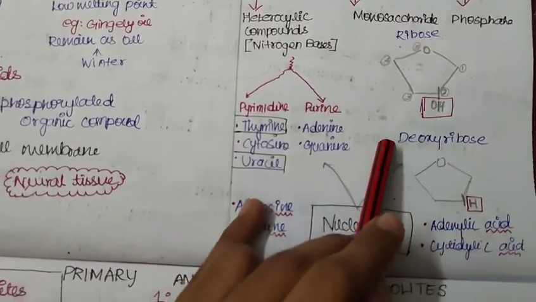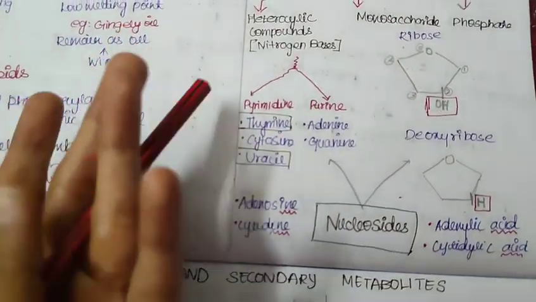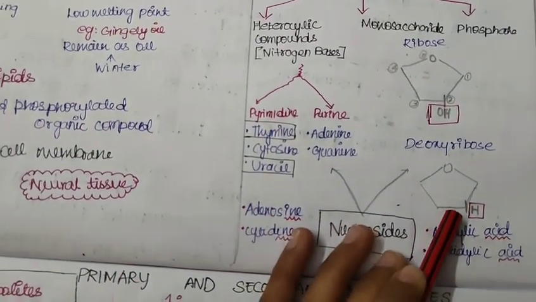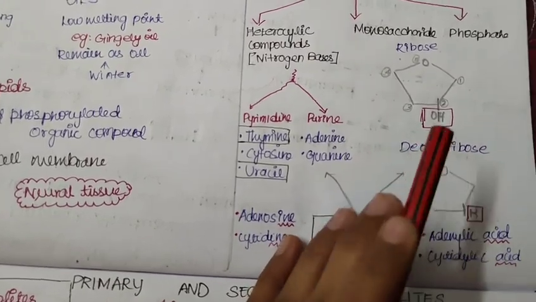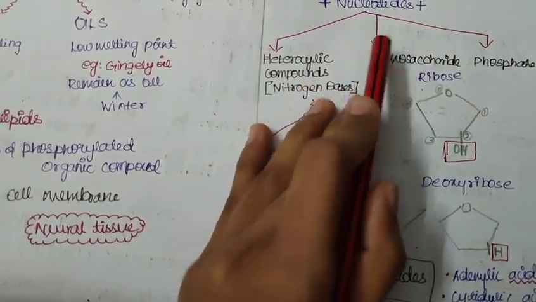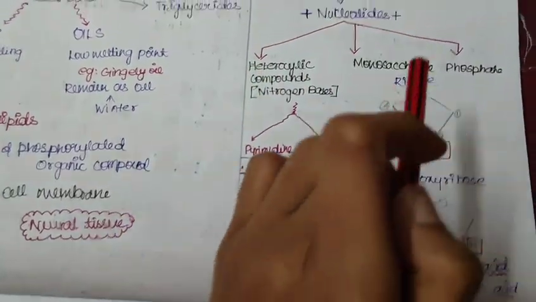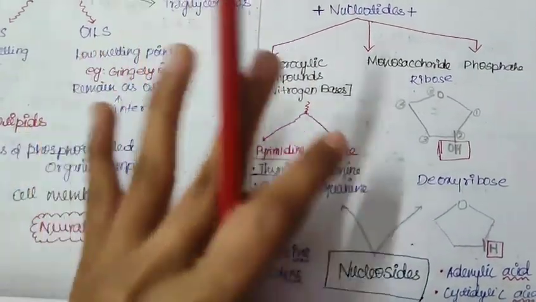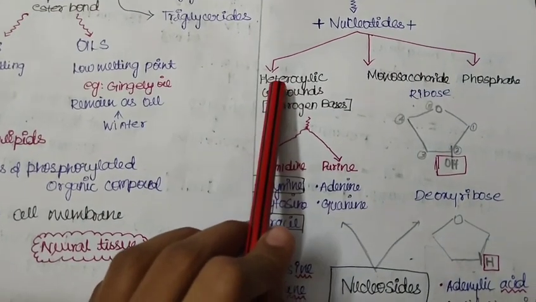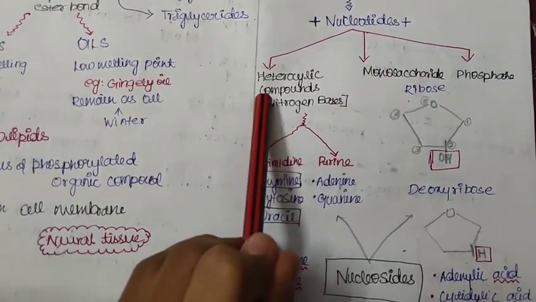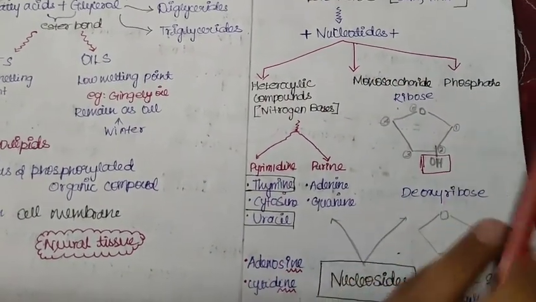Now you are getting the name, right? Deoxy means there is no oxygen. So in the structure, in the second position, O will be removed in case of deoxyribose. So the monosaccharide will be ribose in case of RNA and deoxyribose in case of DNA, and a phosphate group will be present. These are the combination for the nucleotide: nitrogenous bases, monosaccharide and phosphate.